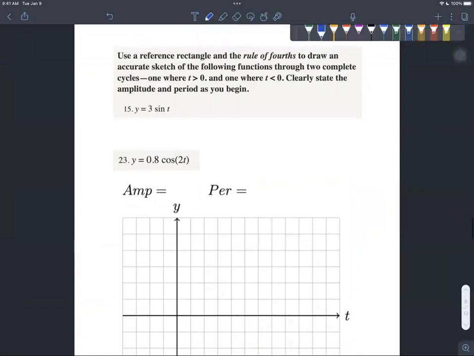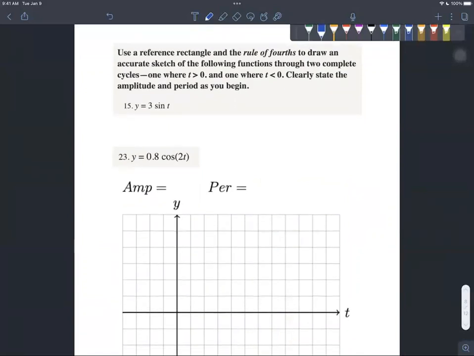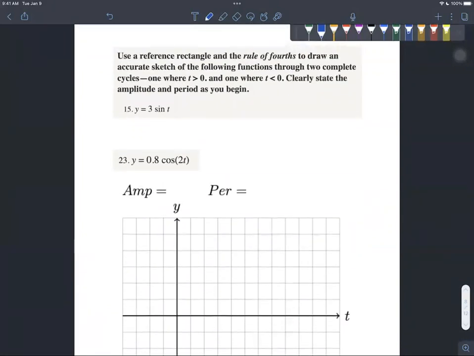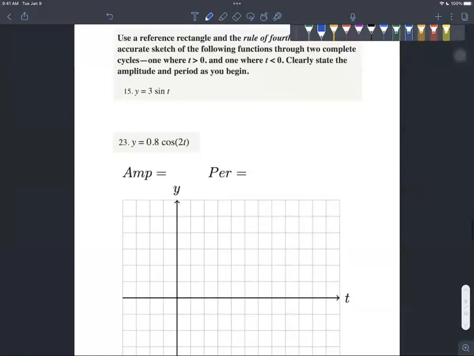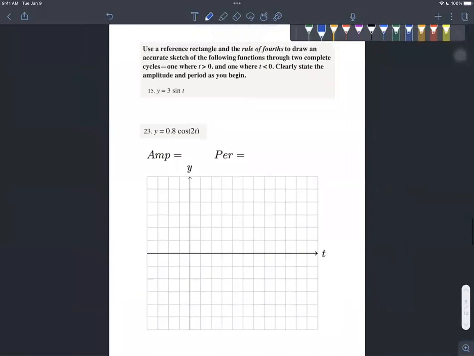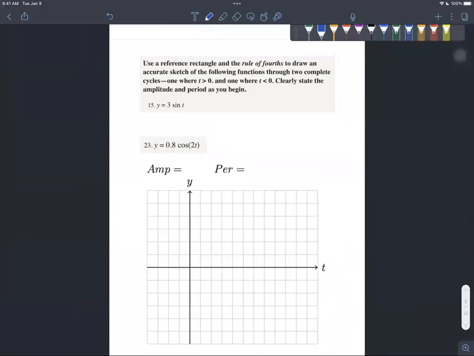Now, in some of the problems, it asks us to graph a cosine function. It no longer gives us the graph and tells us to figure out what the actual equation for the function is, but it gives us the equation of a cosine function and tells us to draw it. So let's go ahead and read this problem here.